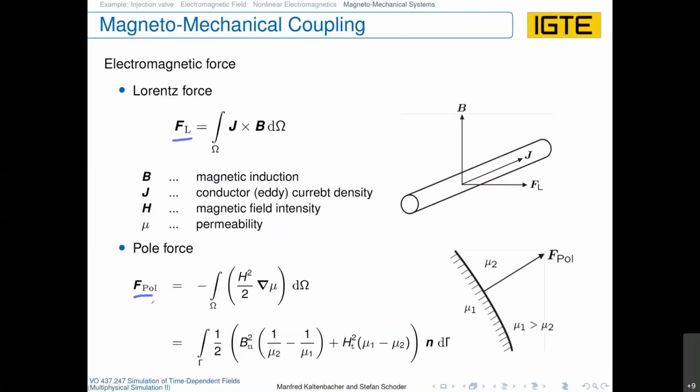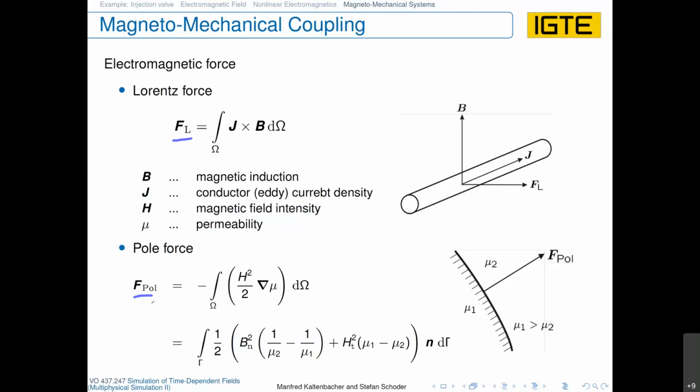You can have additional forces when you have liquids, for example, which can also be magnetized, but this is then for very special active materials. For the standard case, if we look at transformers, electrical drives and so on, you just have these two kinds of forces.